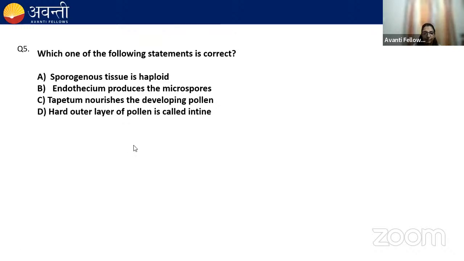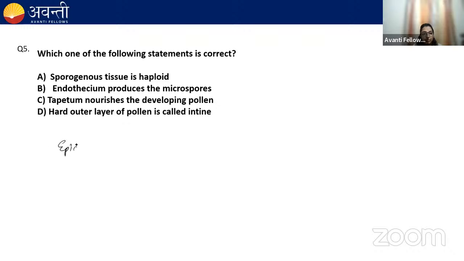Very good, Veena. Very good, Sushant. You know, in a typical anther, there are 4 layers, right?